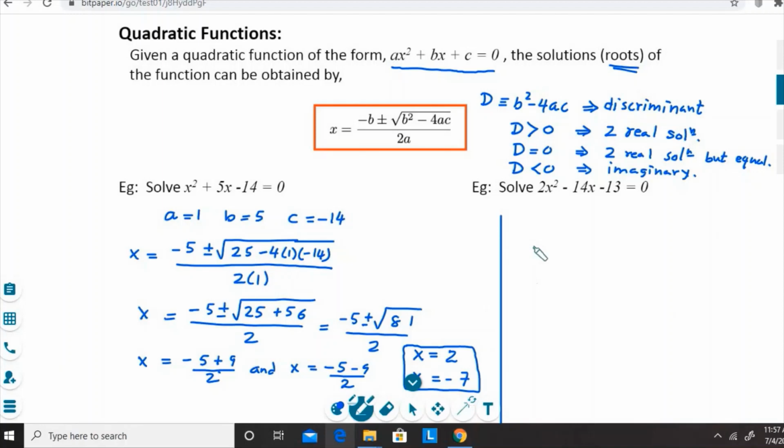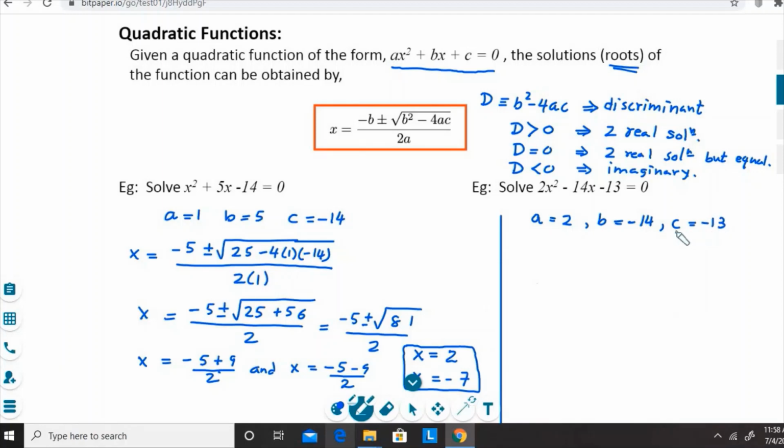So again, I'll identify the coefficients. Here in example number 2, a would be 2, then b is going to be minus 14. So remember to put the sign if there's a sign. And then c is again a negative number, minus 13.